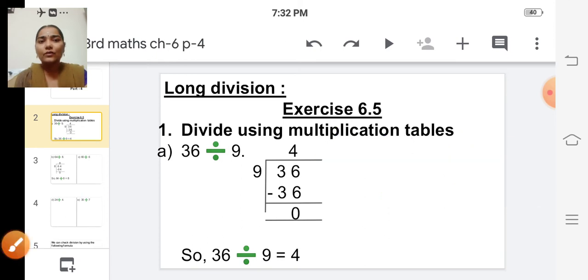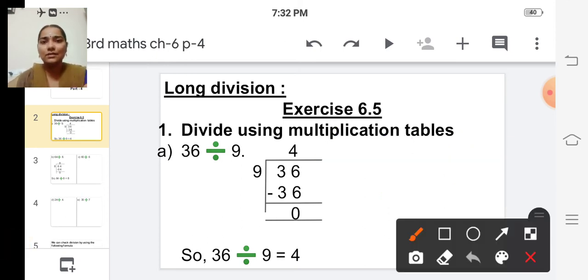First you have to check whether the dividend is greater than or equal to the divisor.